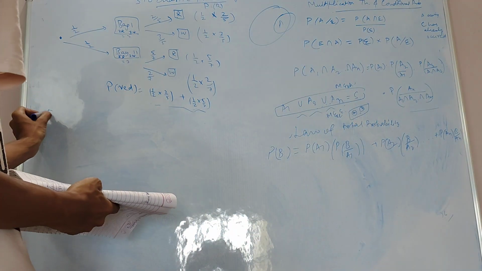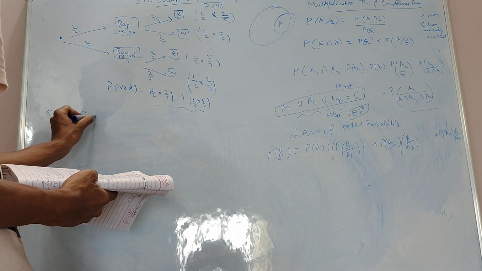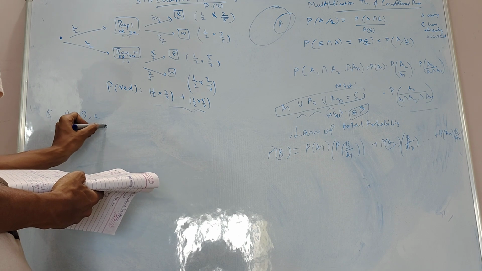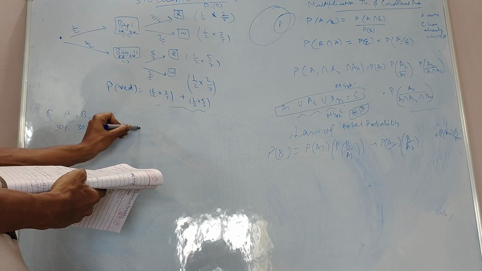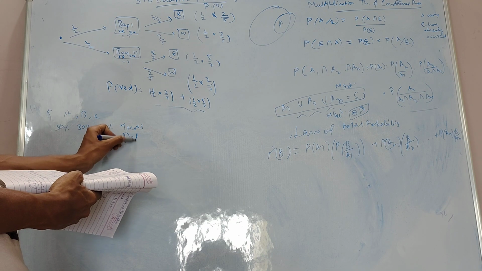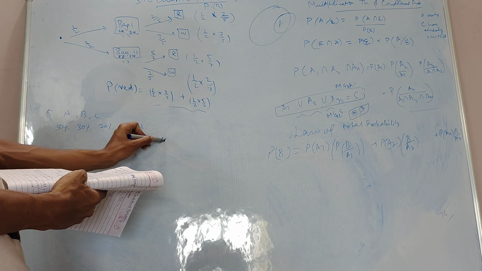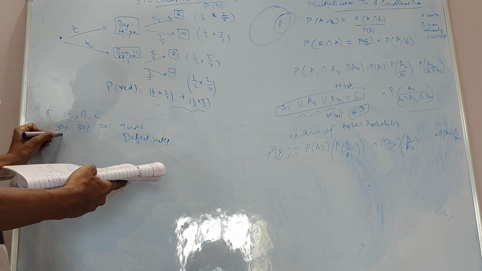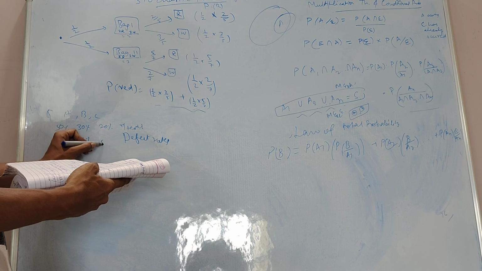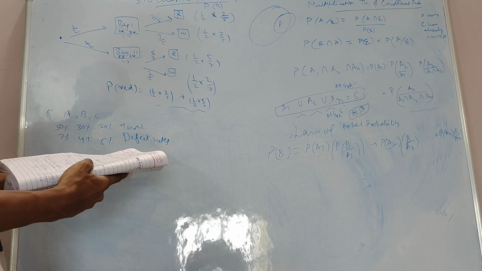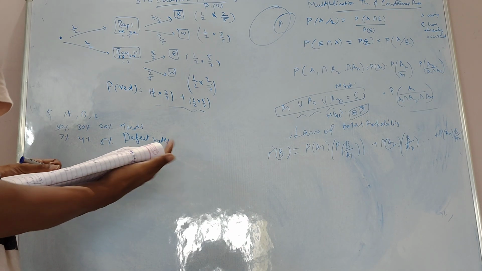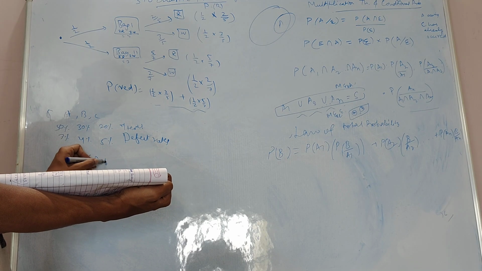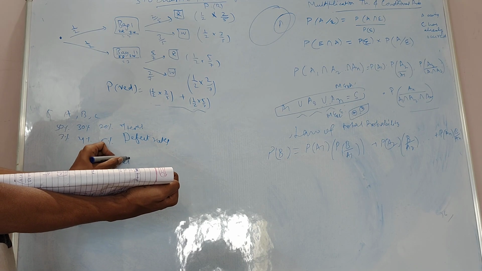Suppose there are three machines A, B and C that produce 50%, 30% and 20% of items, and the defect rates are 3%, 4% and 5% for A, B and C. Defect rate means out of these items how many items will be defective. So what is the probability of getting a defective item?